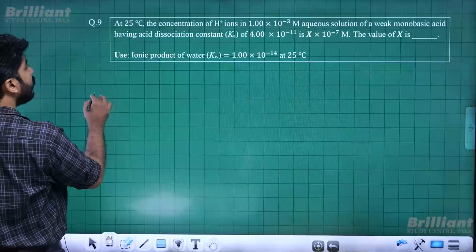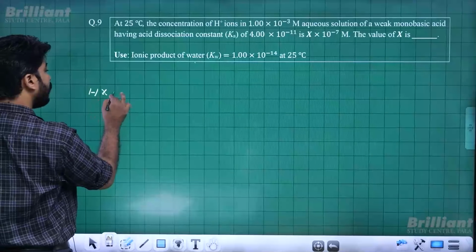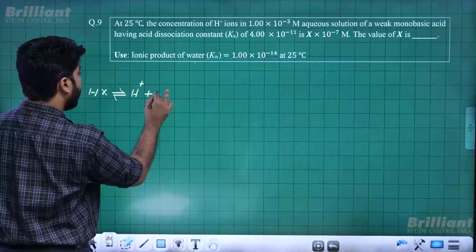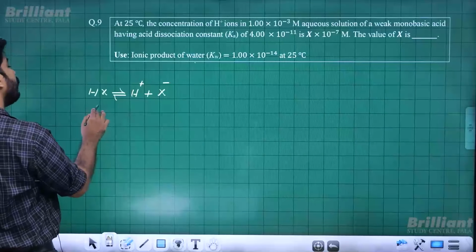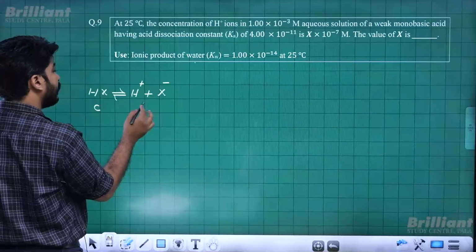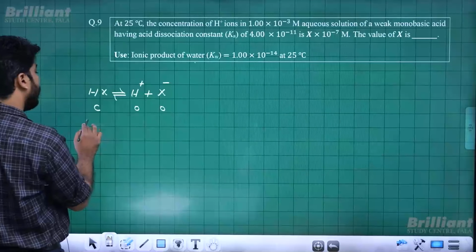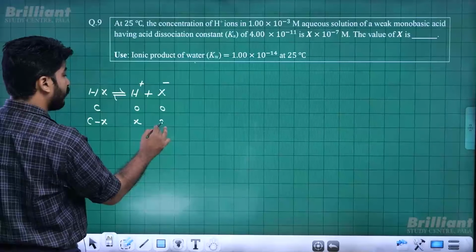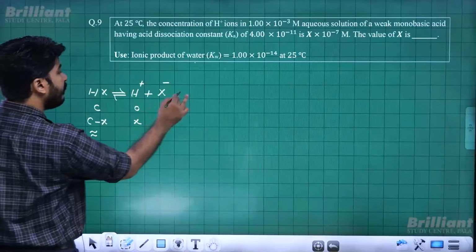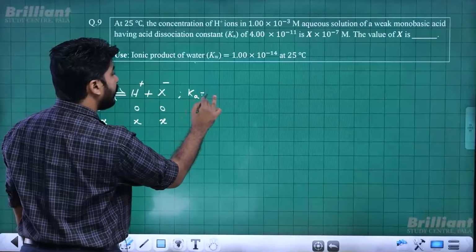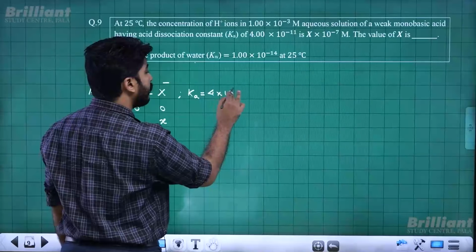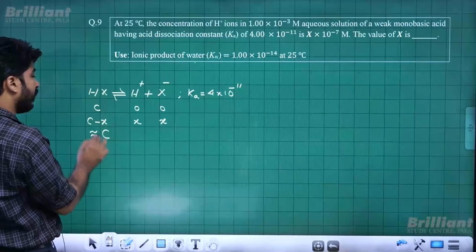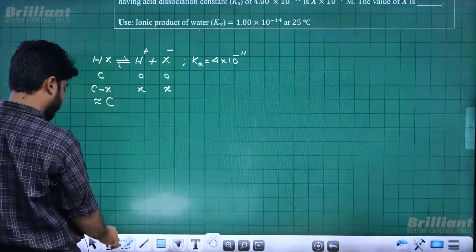Because if you simply calculate the contribution from HX only using our normal logic, concentration of HX initial was C and finally it is C minus some X. And being a weak acid, as evident from the Ka value, we can neglect X and this is nearly equal to C only.